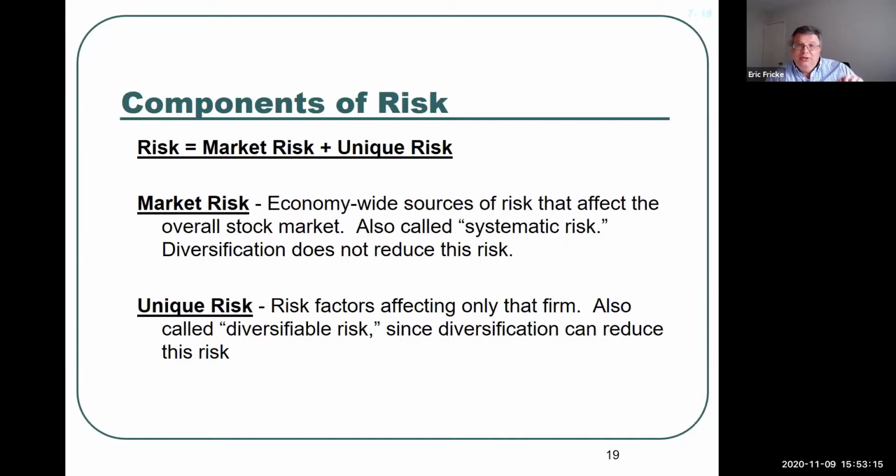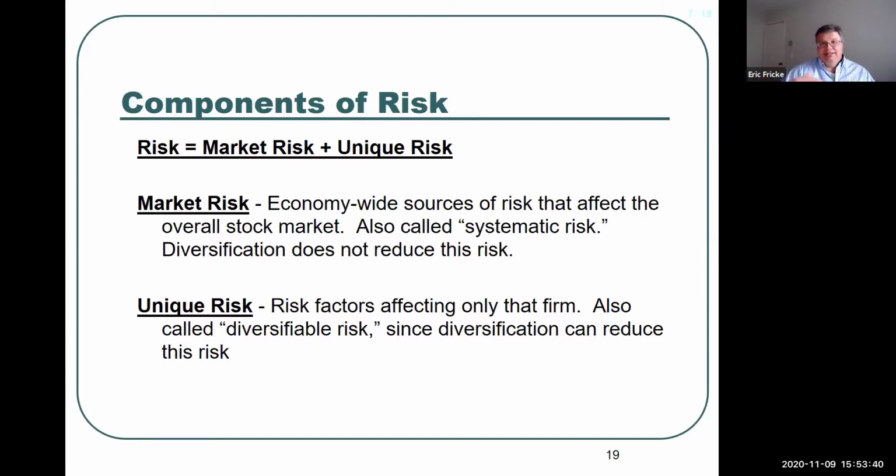That's something that's only going to affect Tesla, right? It shouldn't affect the entire economy and all the other companies in the stock market. So that's unique risk. And if we own a broad, diversified portfolio, it doesn't really hurt us that much because each individual stock is just a little part, right?